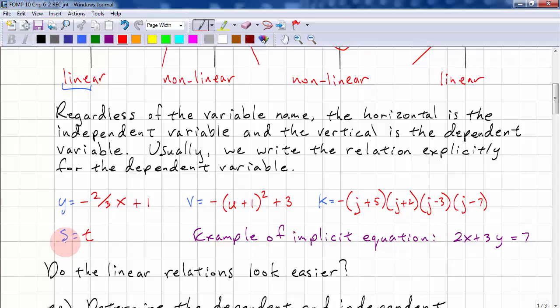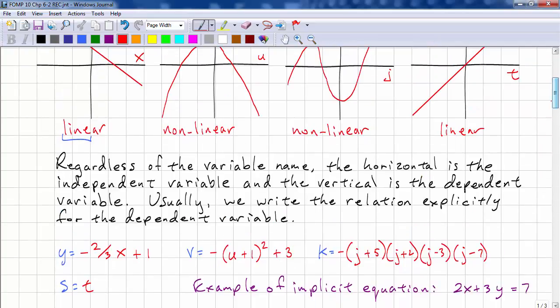S is the dependent variable, t is the independent variable. What is the opposite of an explicit function? Well, it's an implicit function or equation. And here we have 2x plus 3y equals 7. So you can see that it's not like this one. Now, do the linear ones, this and this, look easier than these ones? Yes, it should look easier.